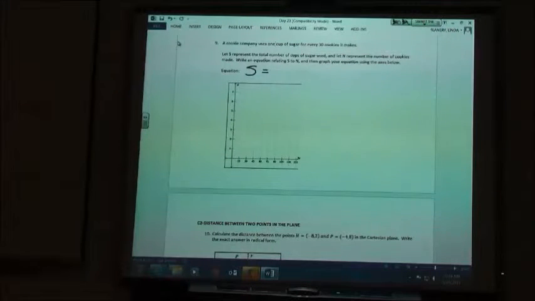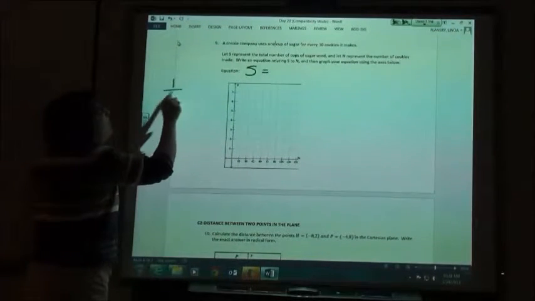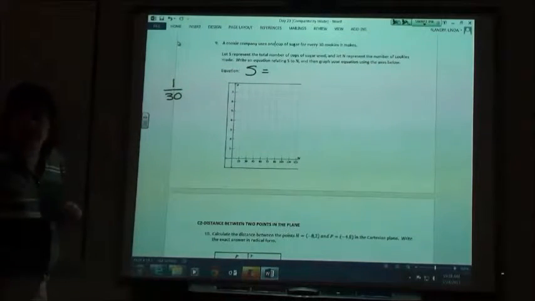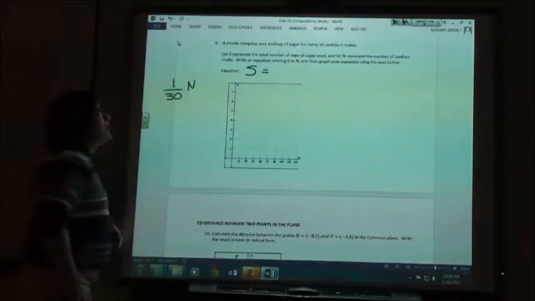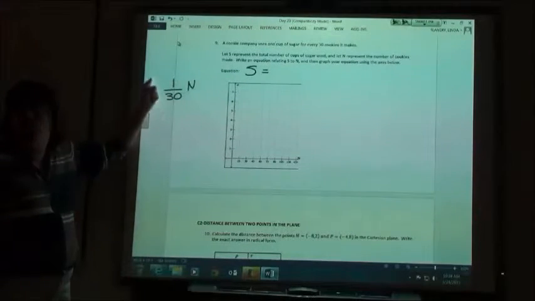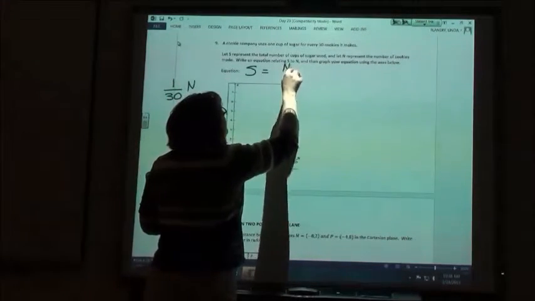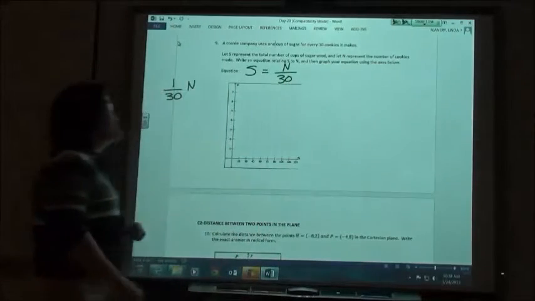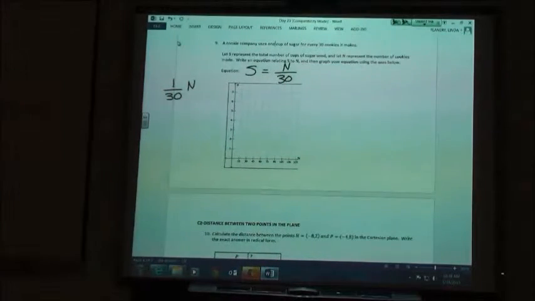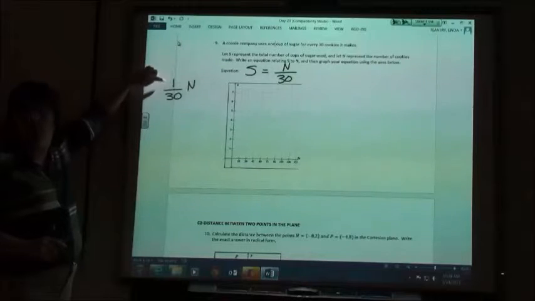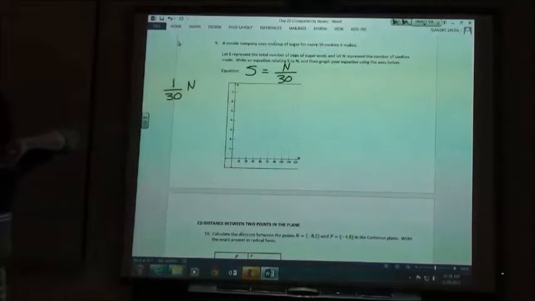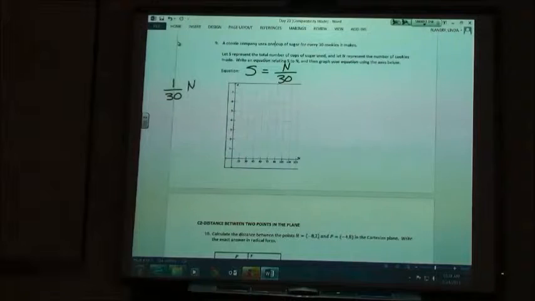So when it says 1 for every 30, we can simplify because 1 times N is just N. If you know the number of cookies and you divide by 30, you figure out how many cups of sugar you're going to use. If I have 60 cookies, 60 divided by 30 is 2 cups of sugar. So 1 out of every 30 times my N simplifies into just N over 30.